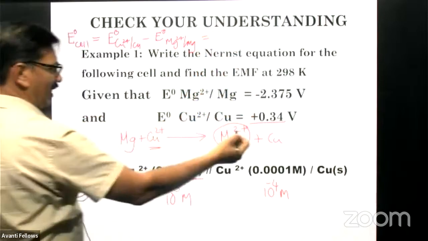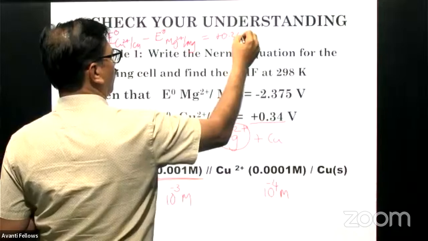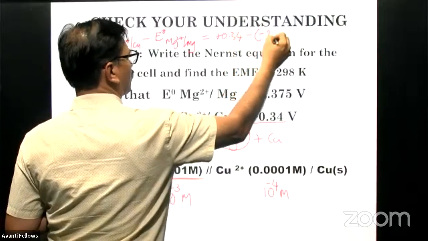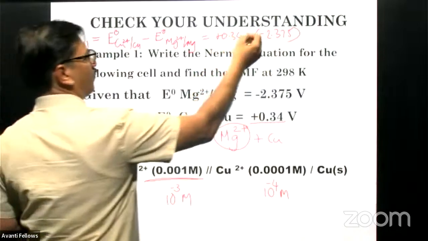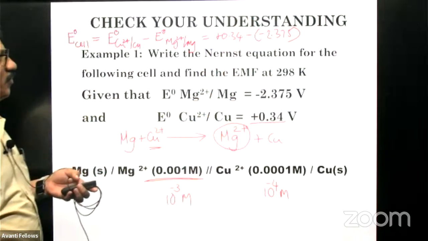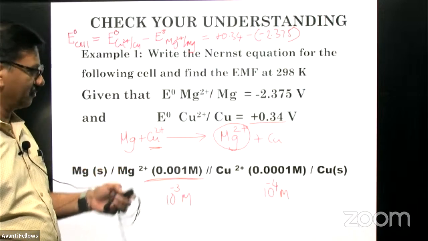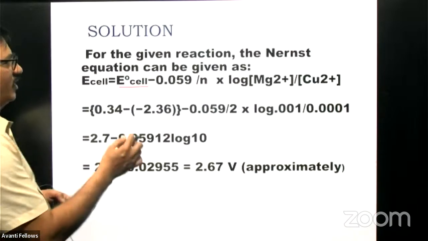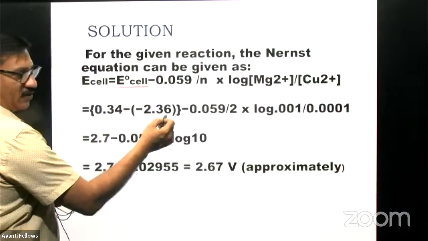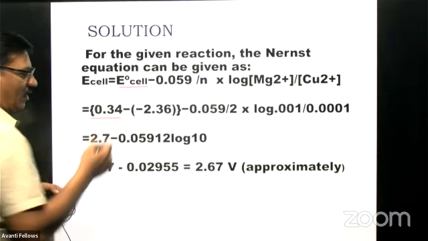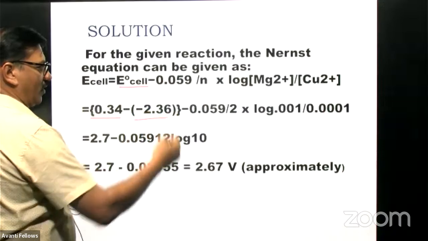These values are given. Plus 0.34 minus minus 2.375. The minus of minus becomes plus, and it will be nearly equal to 2.7, right? It is being solved here: 0.34 minus of 2.36. This is E0 right minus E0 left.